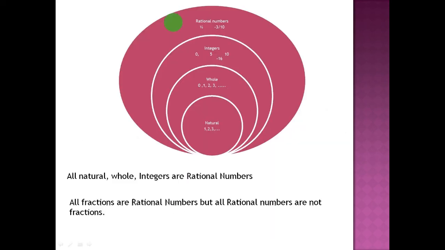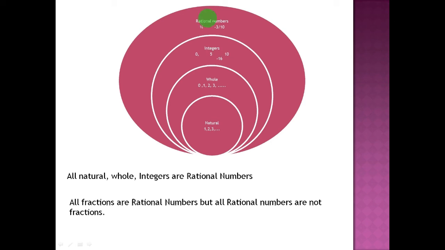So students, here is a diagram of numbers and the relation between them. Here all natural numbers belong to whole numbers. If you see this diagram, from this you can clearly understand. The natural numbers are all present in whole numbers. These whole numbers are all present in integers.